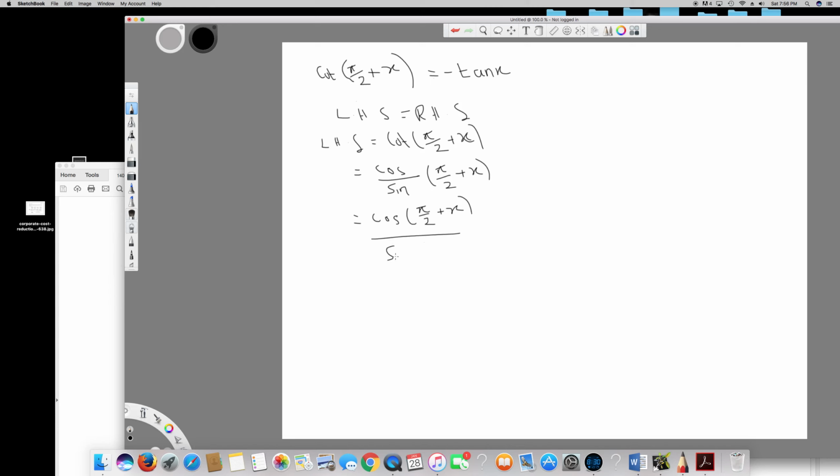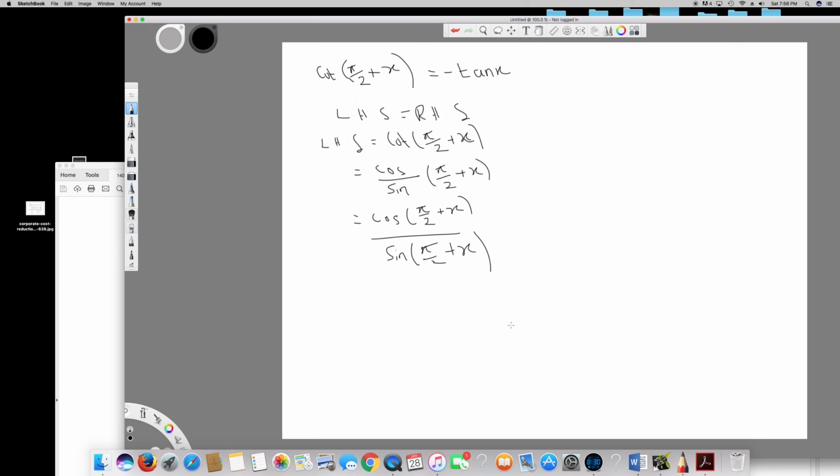As we know, we have to know these basic identities of trigonometric ratios, then only we can do this question.